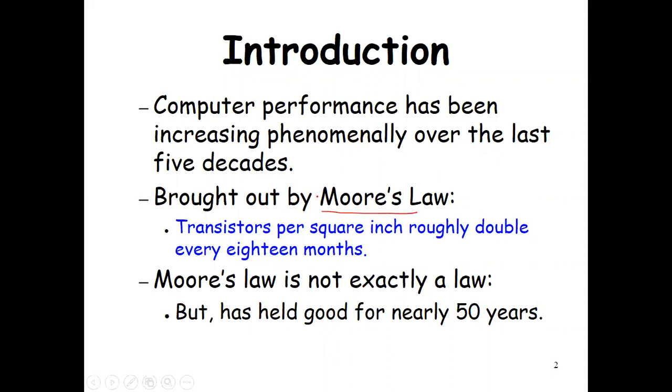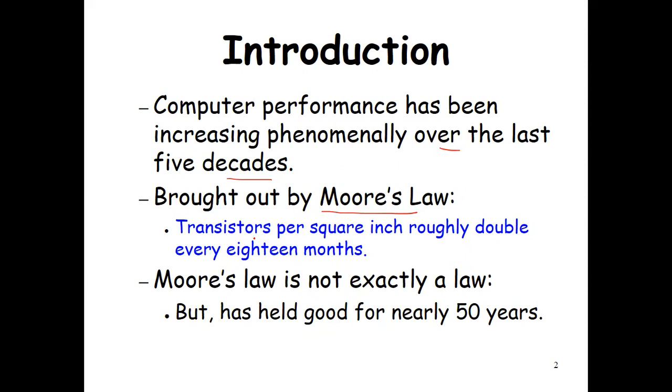Moore's law is a famous law which you might have heard. The performance of the computer has been increasing at a phenomenal rate over the past 5 decades. This performance improvement was captured by a scientist called Moore, and he stated a law, which is called Moore's law.